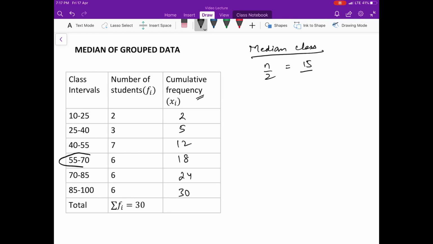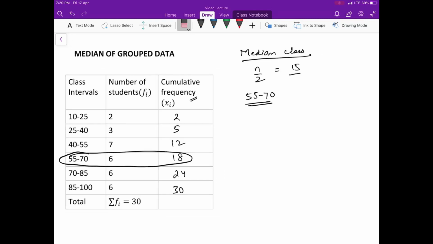So this is the median class. For our table, the median class is 55 to 70. Now we will see the formula.